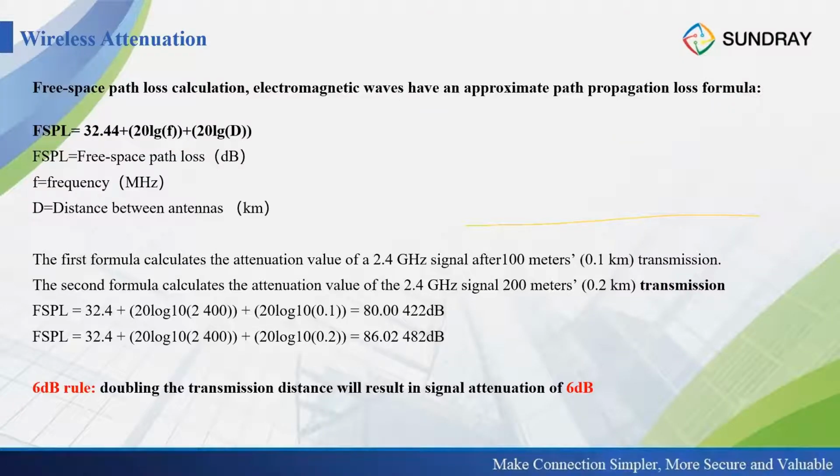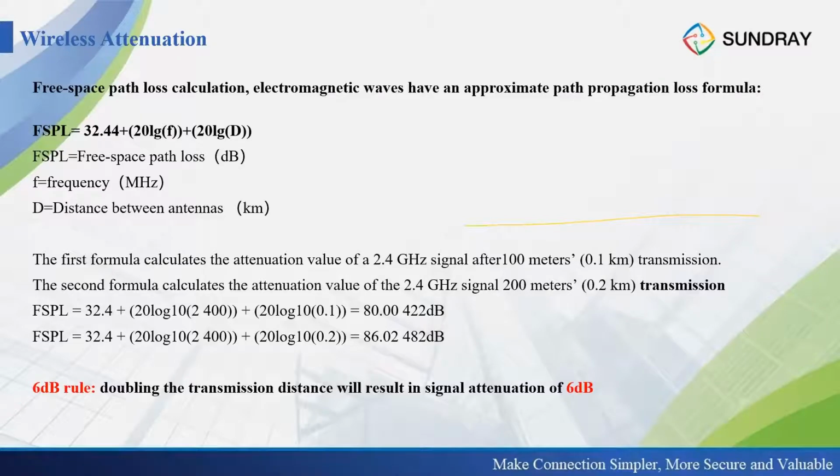Here's the free space path loss calculation. This formula is a little bit messy on the math side, but it's easy to understand. The idea we want to take from this formula is that free space path loss is related to the frequency we're using and also the distance the signal travels.